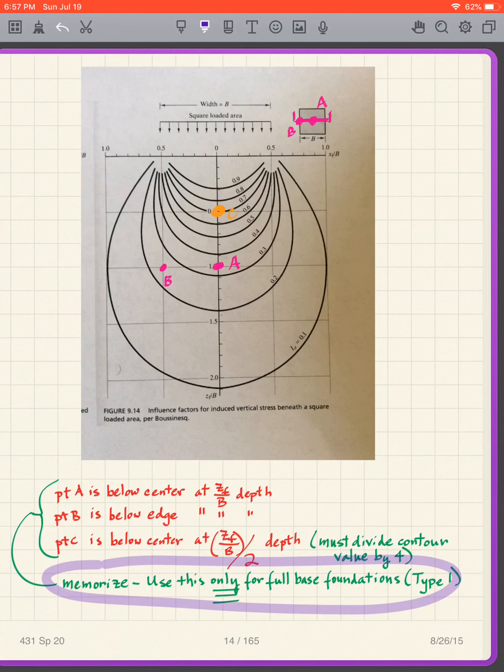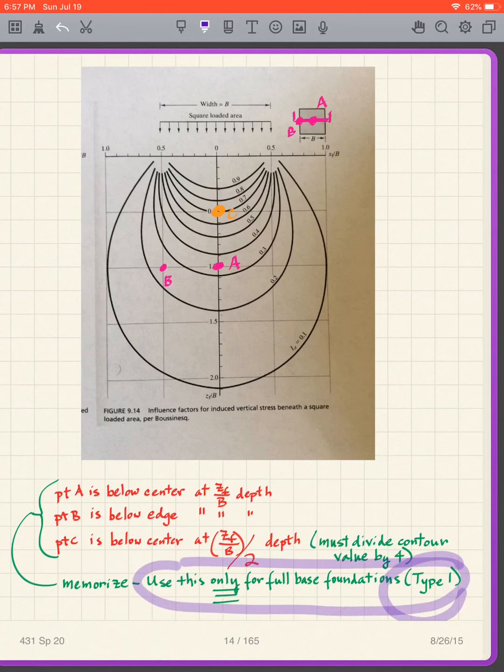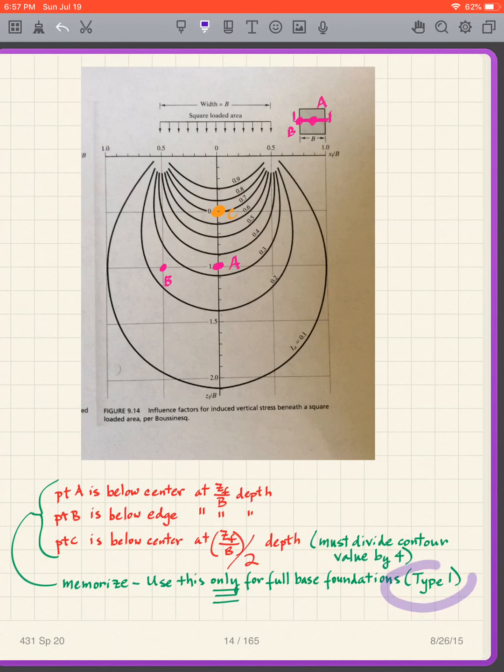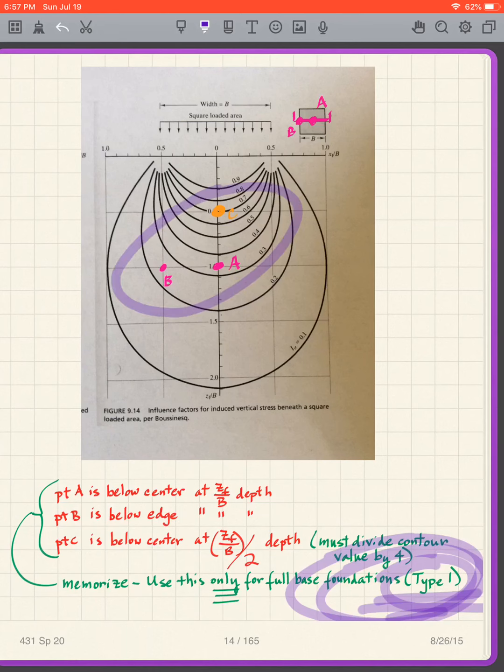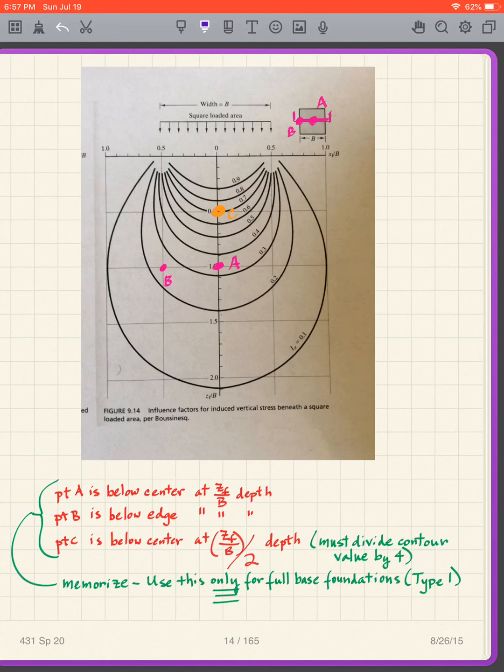But here's the catch. I want to emphasize that you use this only for type 1 foundations. We're only going to use these 3 different points for type 1 foundations only. This is important. This gets people messed up. We're not going to use those 3 points for type 2 foundations, and we'll see why a little bit later.